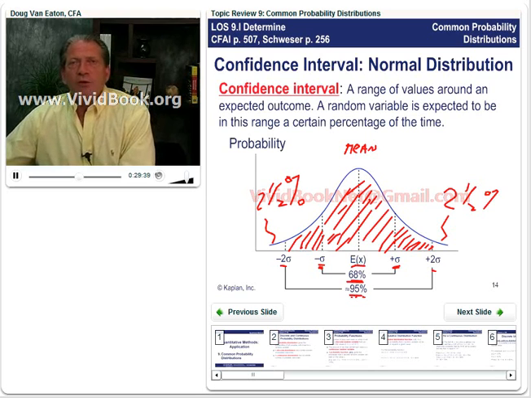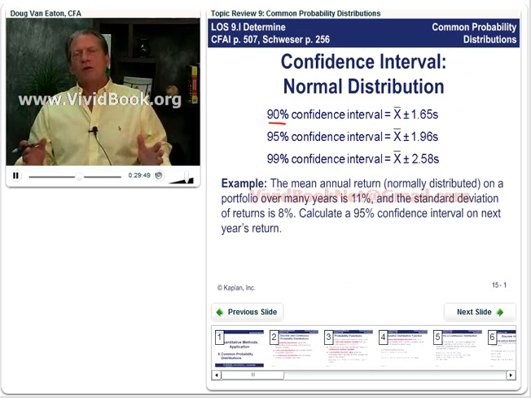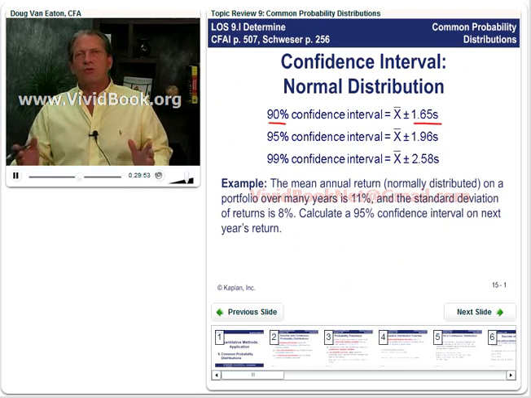So now here's some of those numbers I said you need to memorize. When we want a 90% confidence interval, we can get that with a normal distribution by taking an interval that's 1.65 standard deviations either side of the mean. If we want 95%, we've got to widen that to 1.96 standard deviations either side of the mean.